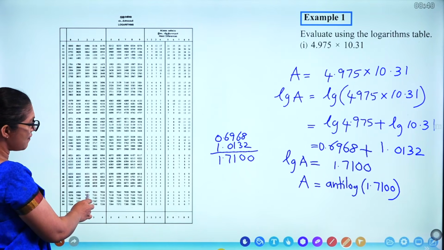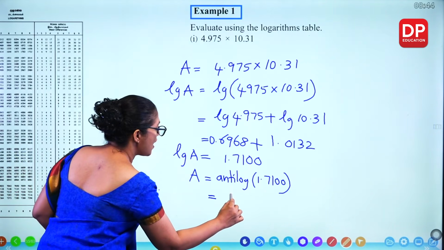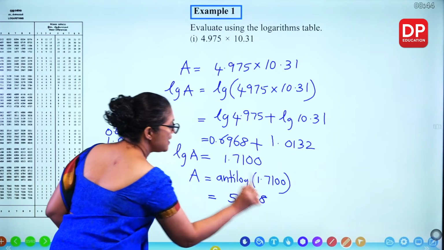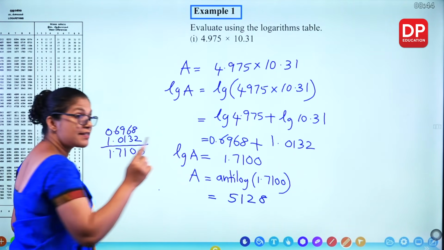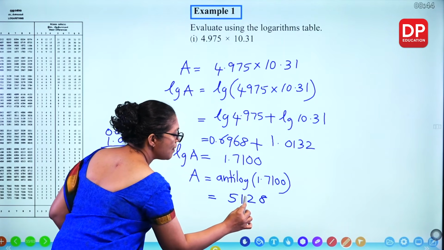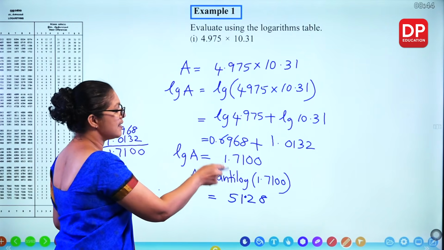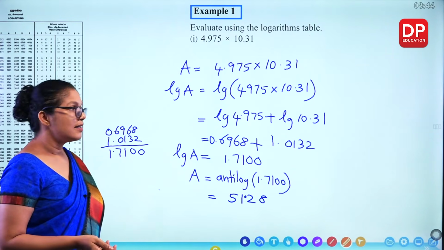You need another 7. 7 from 8. 51, 2, 8. What's the value? 51, 2, 8. And the characteristic is 1. So move one place to the right. So 51.28 is the answer.